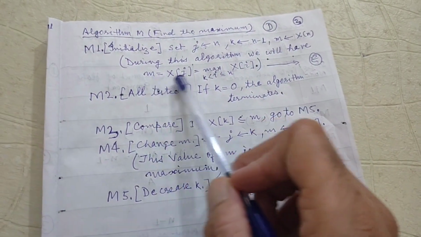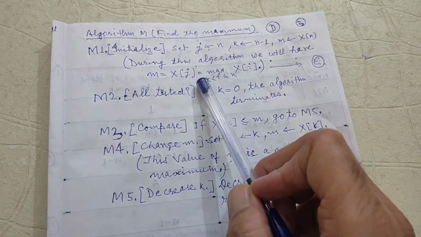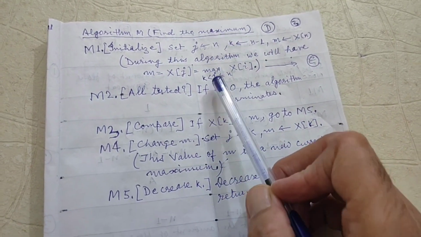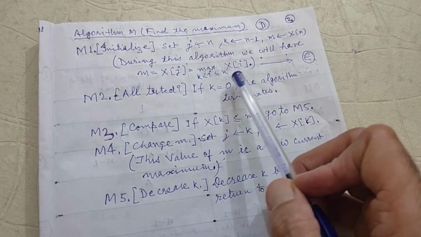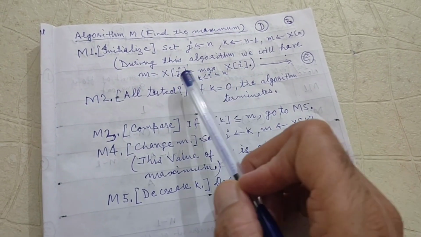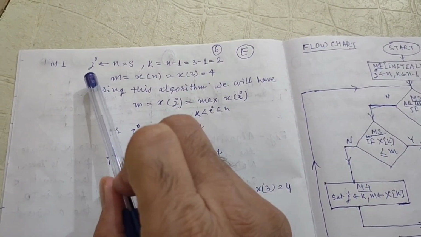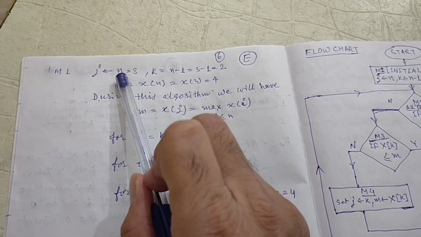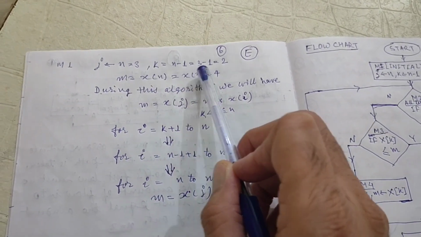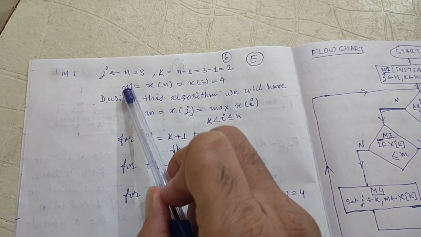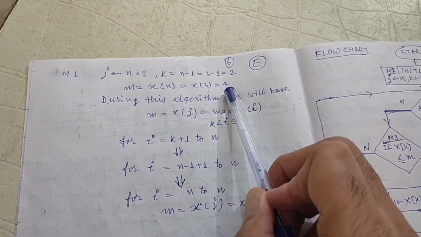Now, what does this mean? What does m is equal to xj is equal to maximum of xi, i greater than k and less than or equal to n, mean? Now let us explain this one. Step M1: j is n, which is 3, k is n minus 1, 3 minus 1 is 2, m is xn, which is x3, equal to 4.